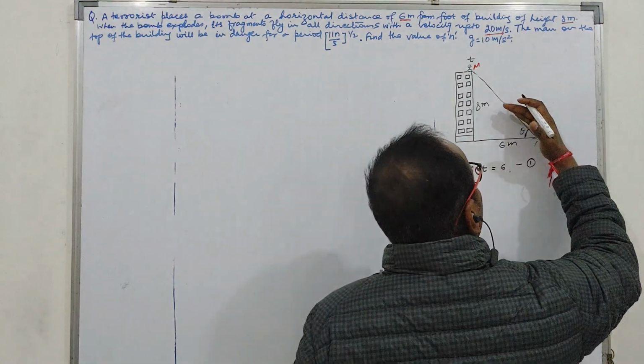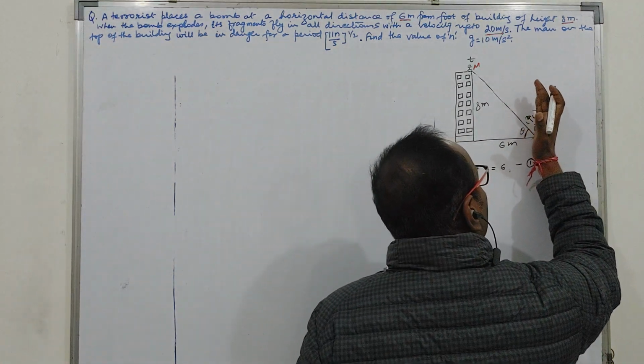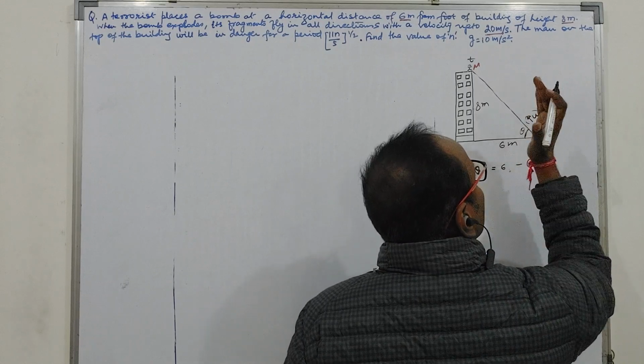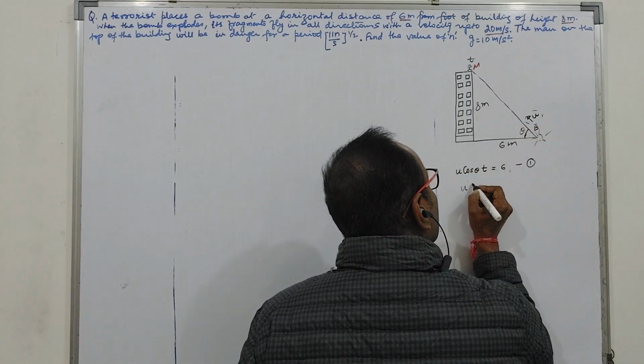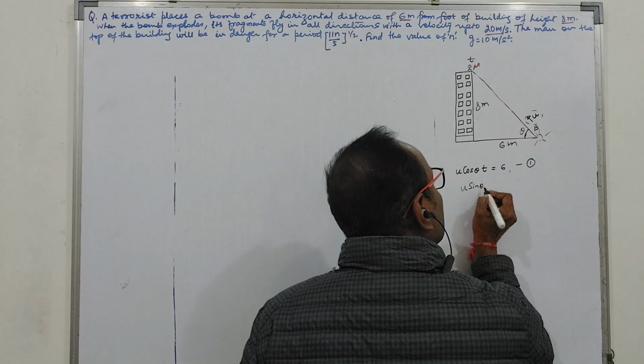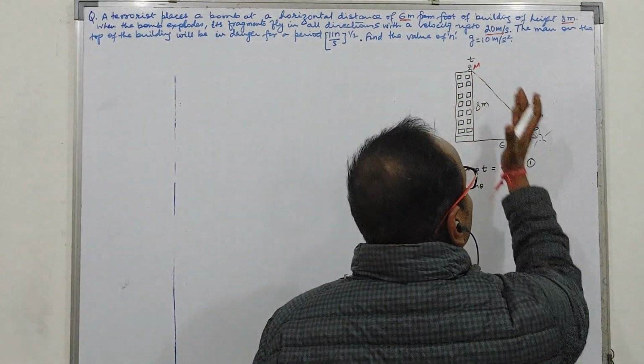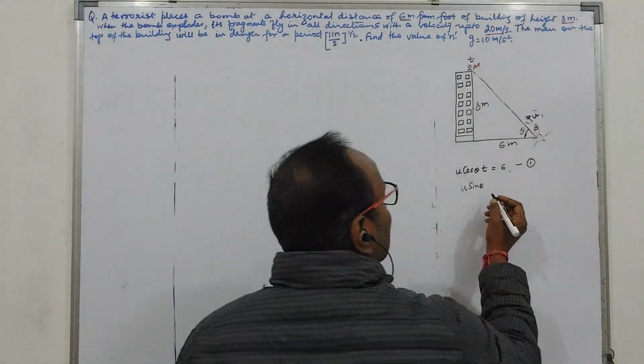Due to the vertical component of u, that is u sin theta, it should cover a distance of 8 meters in the vertical direction.